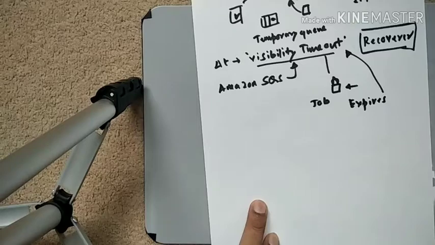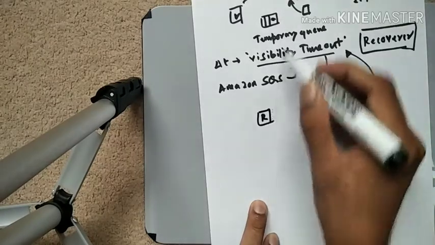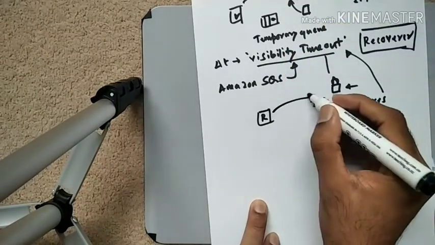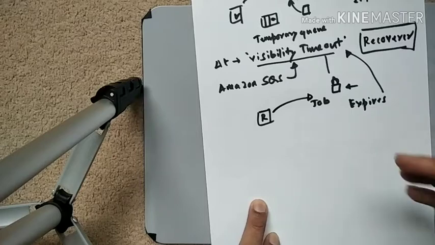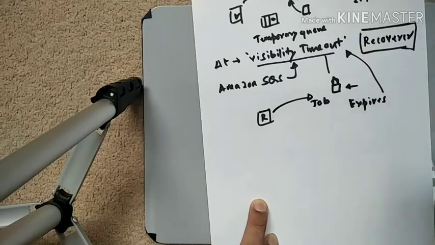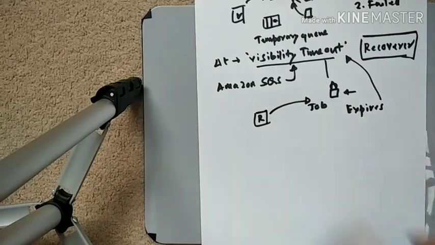Now, if the recoverer looks at a job in the job queue and finds that there is a lock on this job, that means a worker is still working on it, and it can still come back and complete the job and delete that job from the queue. So it leaves such a job alone.